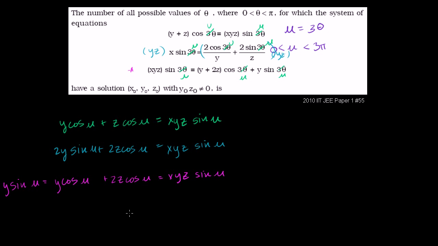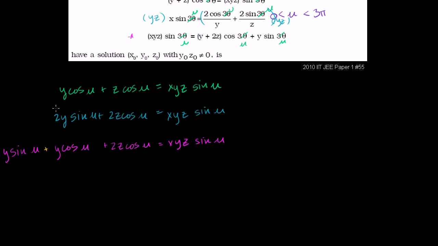So let's do that. Let's see what we can do in the way of canceling things out. This is a plus right here. I don't know why I wrote an equal here. So let's see, this has got to be equal to that.